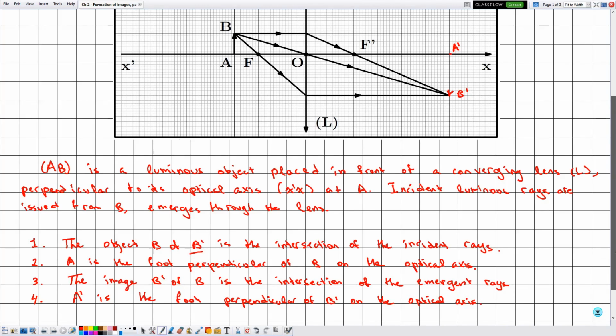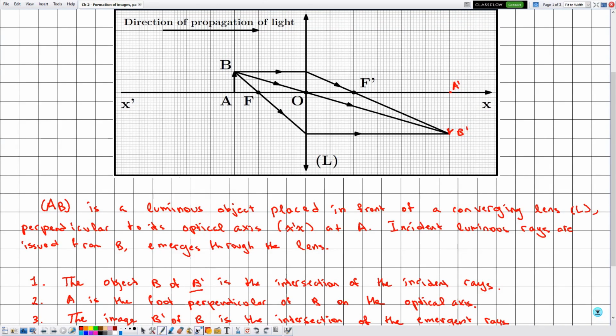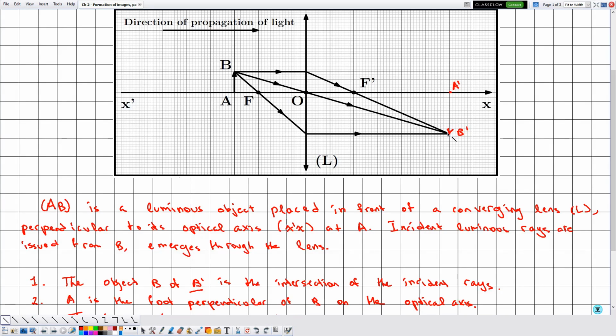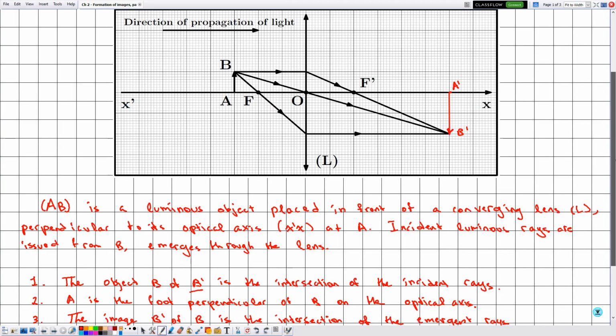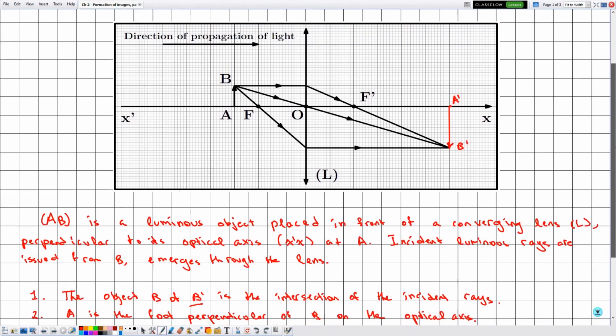Okay, and now let's trace the image A prime B prime. Okay, so this is idea number 4.